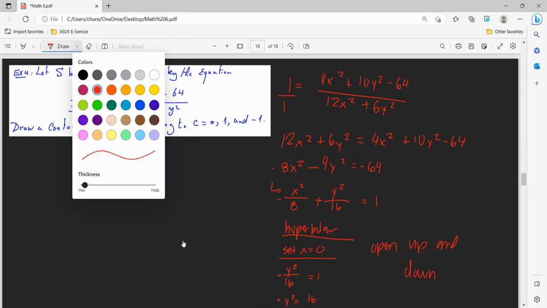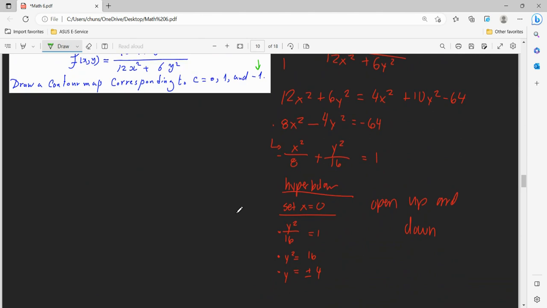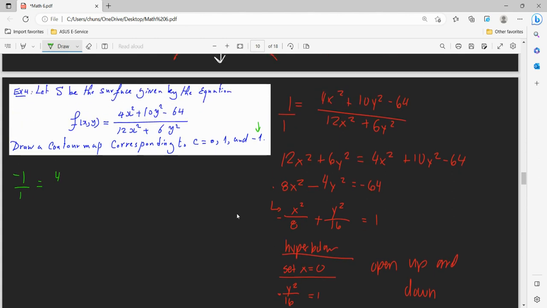And then our last one, I'm going to do in green. Or did I do the other one green? No, I did that one in blue. Okay, so this is negative 1 over 1. And this is 4x squared plus 10y squared minus 64.